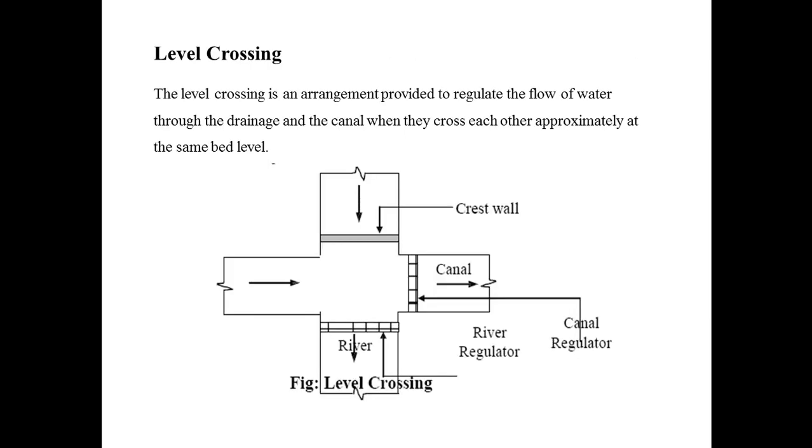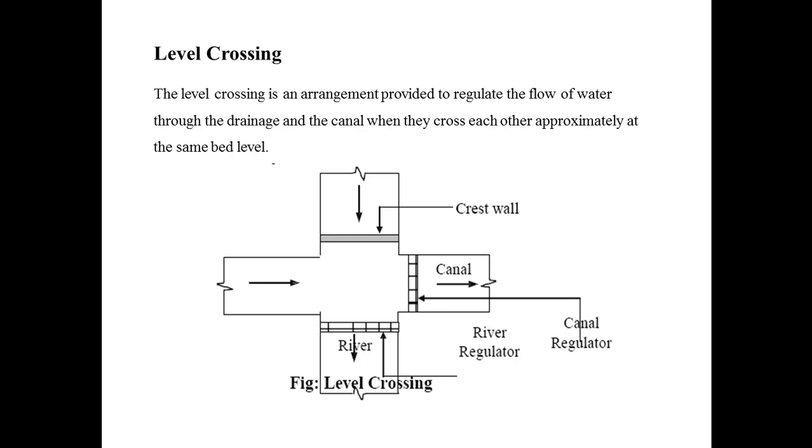The next type is the level crossing. The level crossing is an arrangement provided to regulate the flow of water through the drainage and the canal when they cross each other approximately at the same bed level. So when the canal and the drainage cross each other at the same level, the structures constructed are known as level crossing structures.